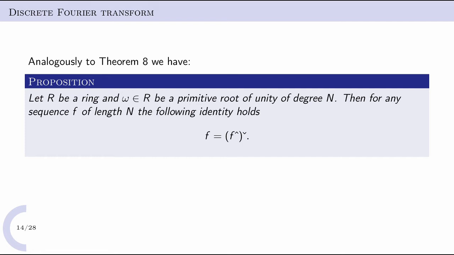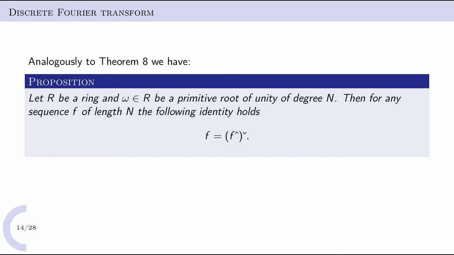Recall that here we deal with finite sequences. A finite sequence is always summable. So the analog of the condition that f must be absolutely integrable, the discrete analog, would be that f is absolutely summable.